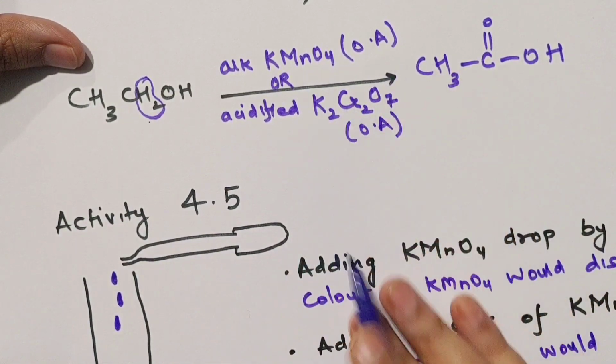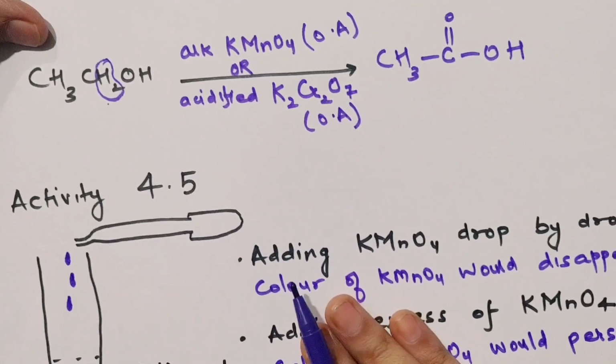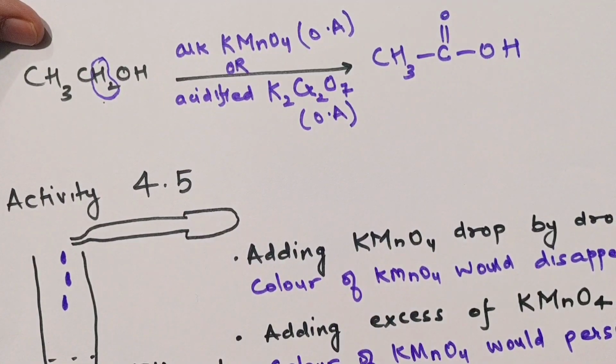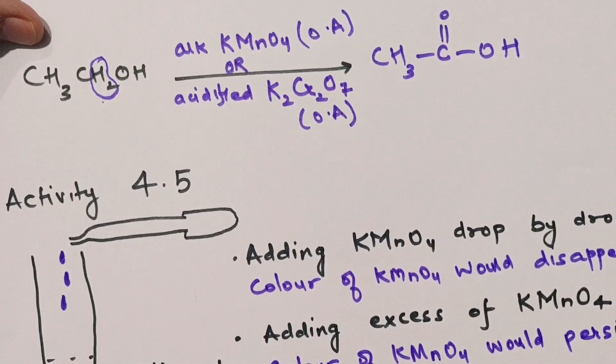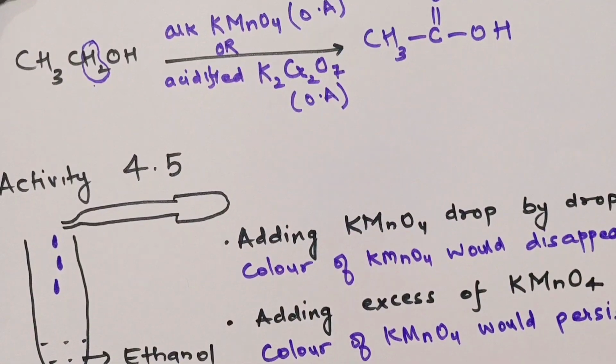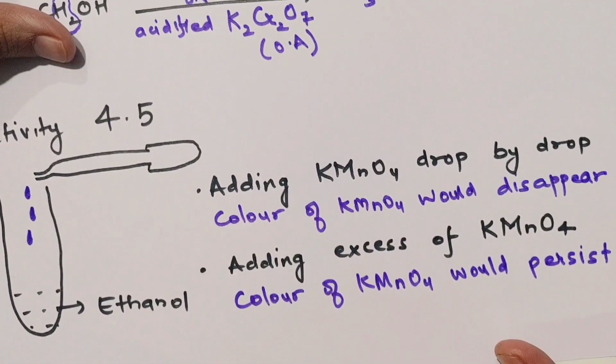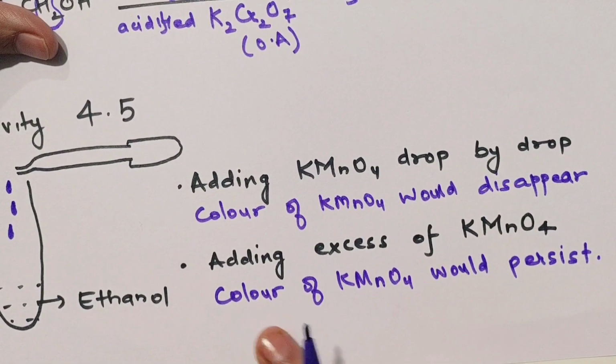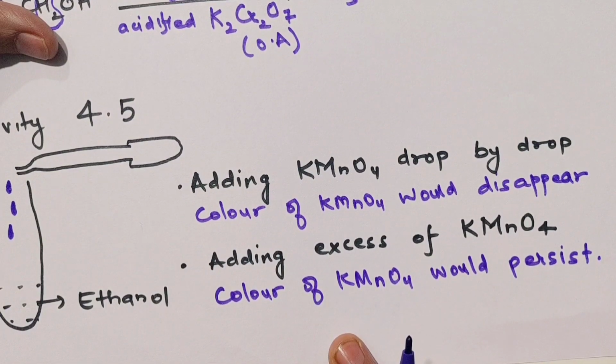Now if you keep on adding more KMnO4, it's not getting consumed, because there is no alcohol to react with KMnO4. So KMnO4 remains unused and therefore it shows its color. Okay, so on addition of excess of KMnO4, the color of KMnO4 would persist in that case.